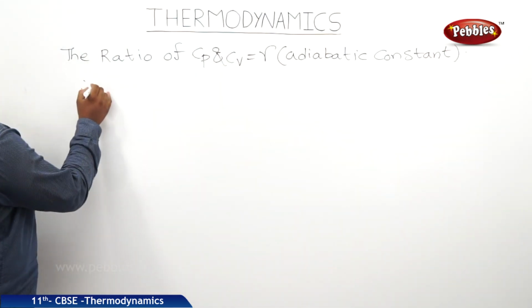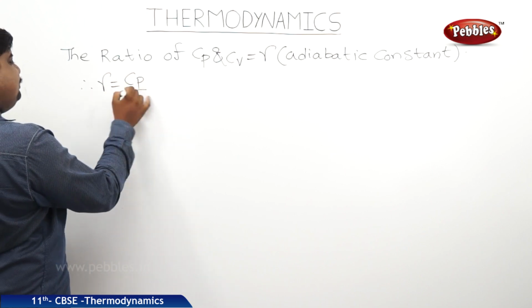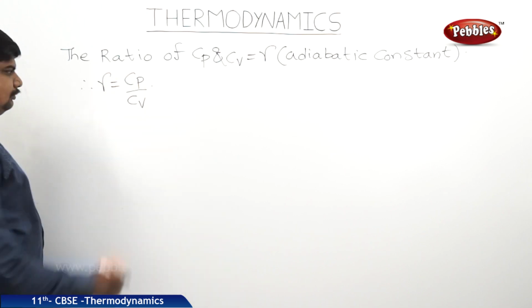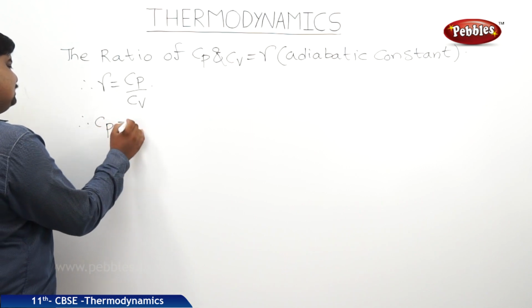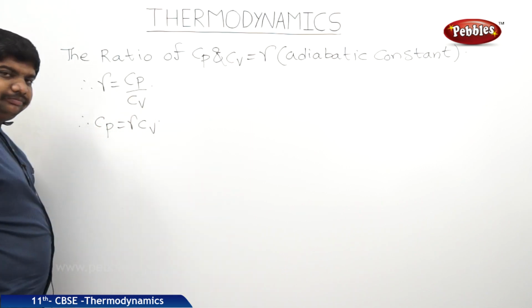So gamma is equal to Cp by Cv. From this we can write Cp is equal to gamma Cv.